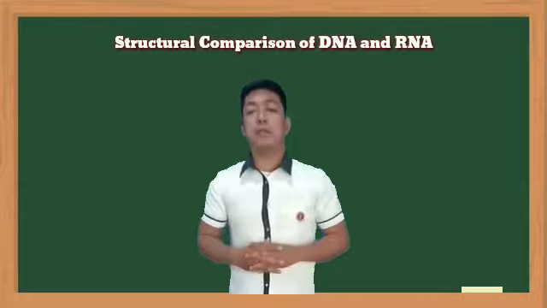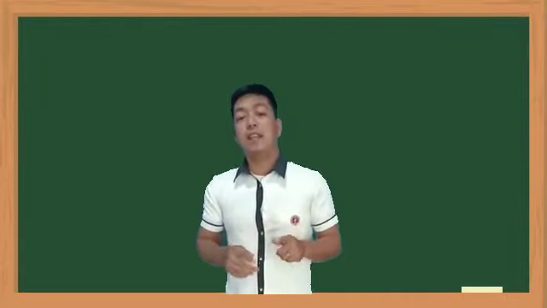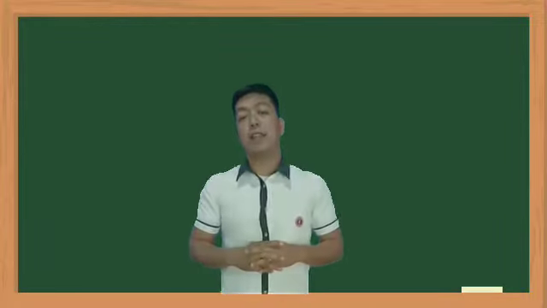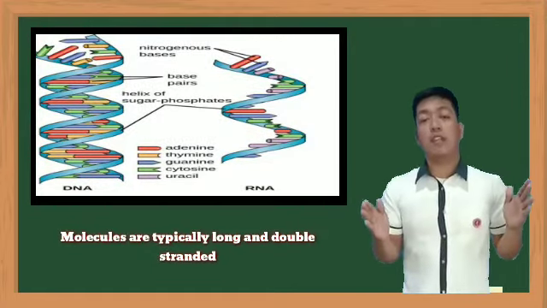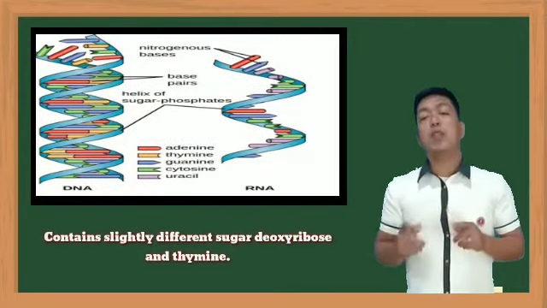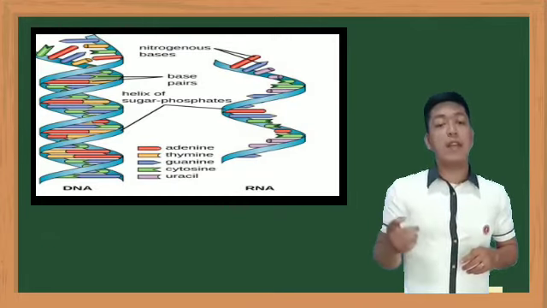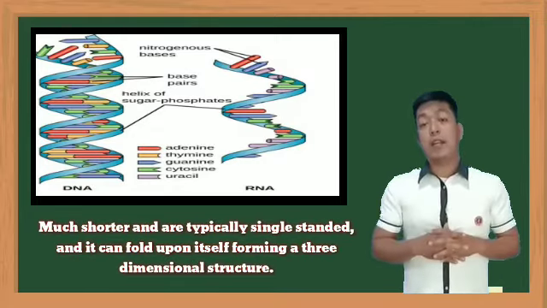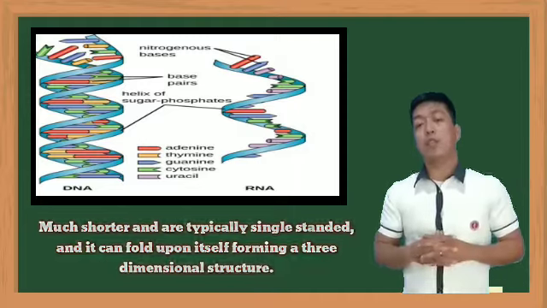Structural comparison between DNA and RNA. So when we say DNA, it is responsible for storing and transferring genetic information. These molecules are typically long and double-stranded. It contains the sugar deoxyribose and thymine, while RNA is much shorter and typically single-stranded, so it can fold upon itself, forming three-dimensional structures.